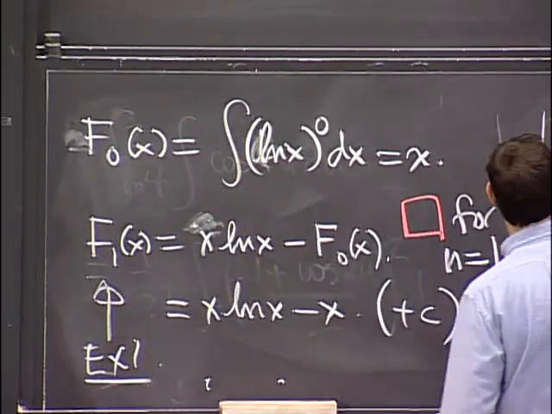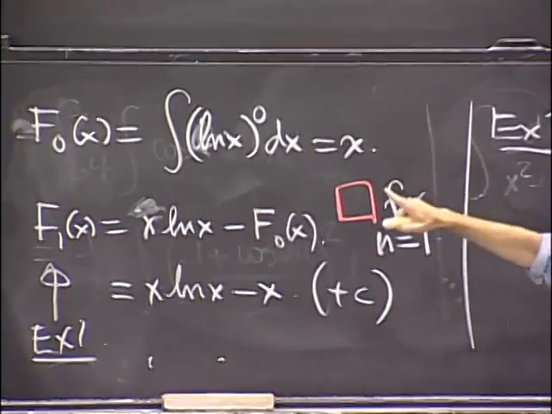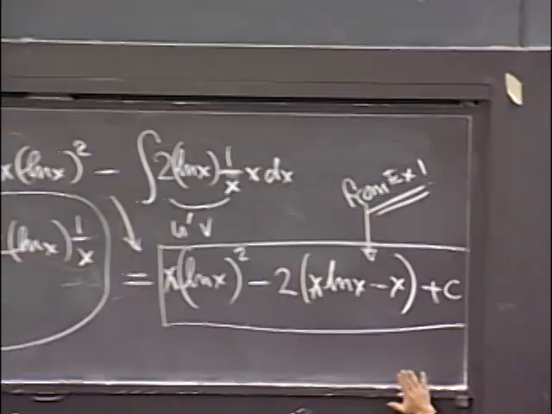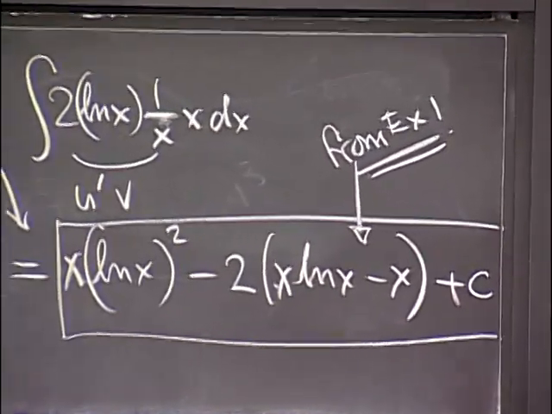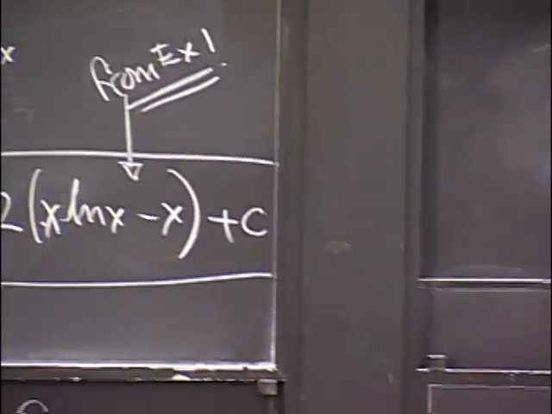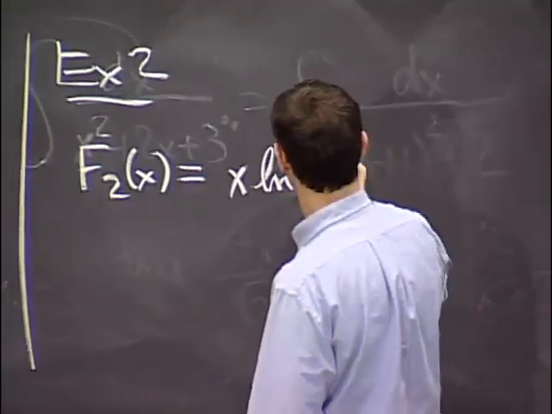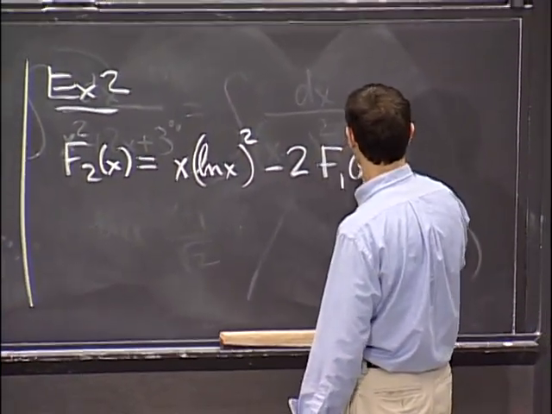The next step, now example 2 works more or less the same way. I'm just summarizing what I did on that blackboard right up here, the same thing, but in much more compact notation. If I take f2 of x, that's going to be equal to x log x squared minus twice f1 of x.